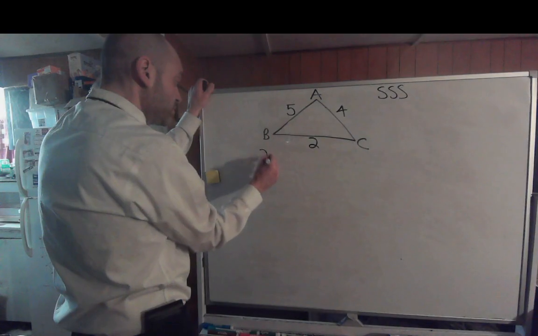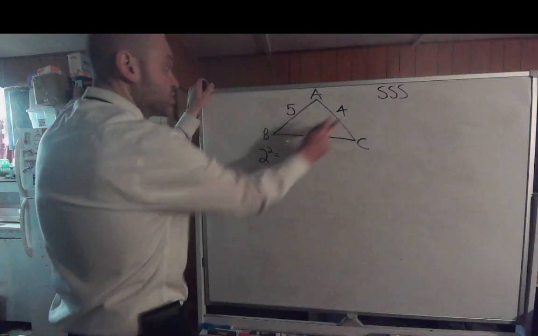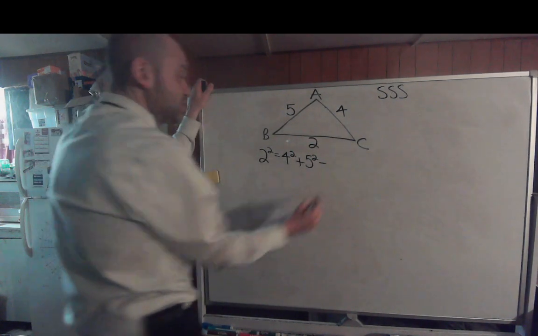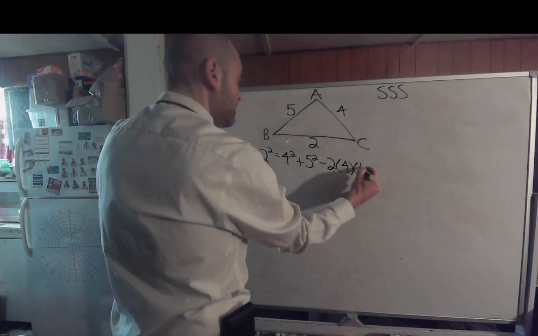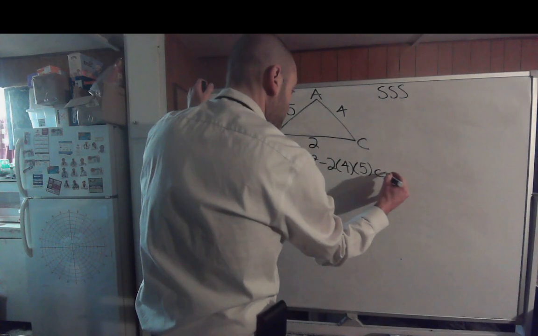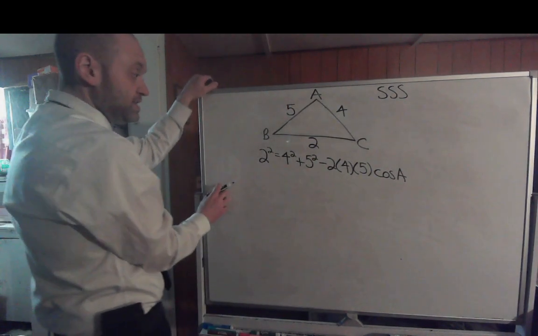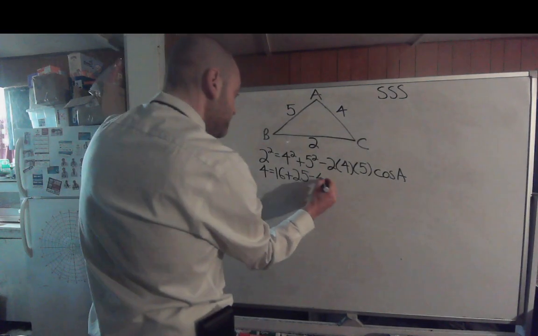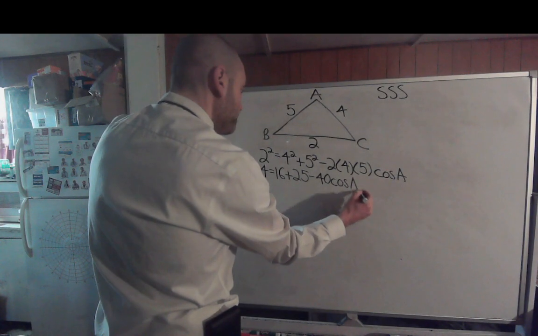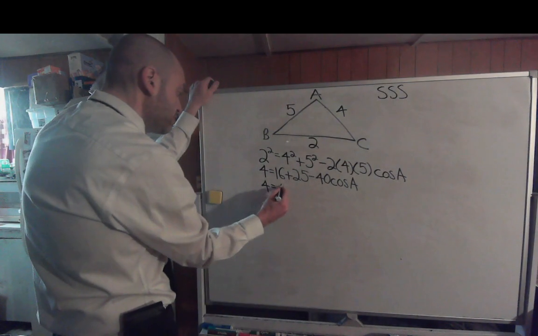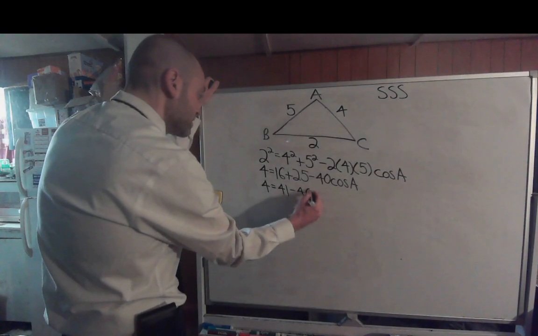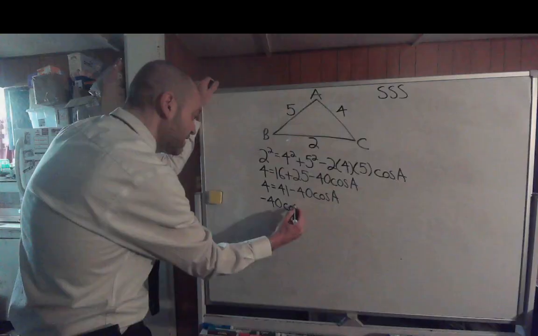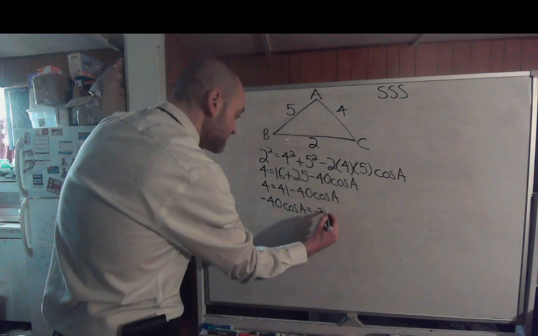So we have our A squared, which is 2 squared. That's going to equal our B squared of 4 squared, plus our C squared of 5 squared, minus 2 times our B of 4 times our C of 5, times the cosine of A. Alright, so that means 4 equals 16 plus 25 minus 40 times the cosine of A. So that means 4 is going to equal 41 minus 40 times the cosine of A. So that means negative 40 times the cosine of A is going to equal negative 37.